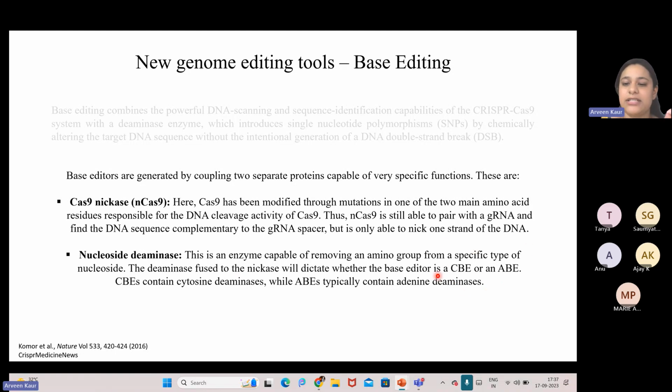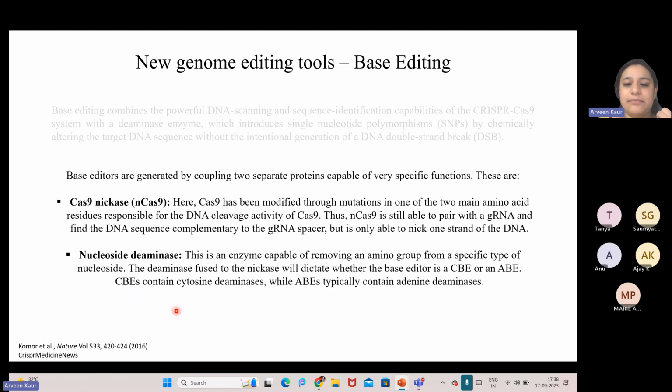Because if cytosine has this particular amino group removed from it, it will convert into a uracil. And the bases are adenine, guanine, cytosine, thymine, right? And this A will basically convert into a G.